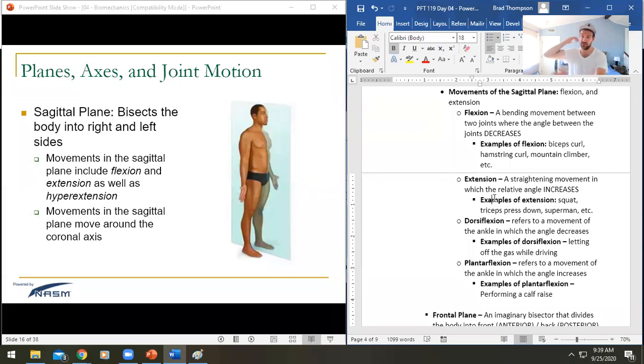Hyperflexion is the exact opposite. If I squeeze this down and bring it beyond the range of motion I'm supposed to, that's hyperflexion. But those terms really aren't going to come up very much. The only time you're really going to hear the term is in the gym on the Roman chair, where you bring yourself up like this. They call that exercise hyperextensions.